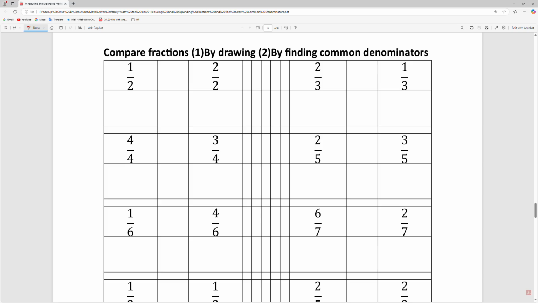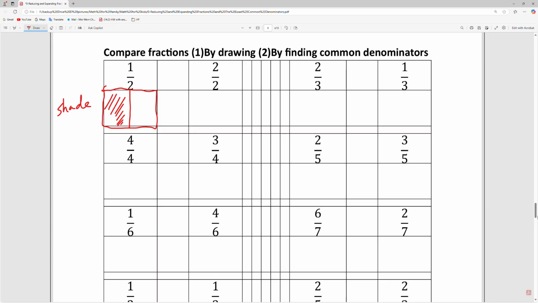If you have a whole thing, you cut in half, and you only shade 1. Okay, and here you cut in 2, and you want the 2 of them. Obviously, the right hand side is greater. Okay, this means greater.